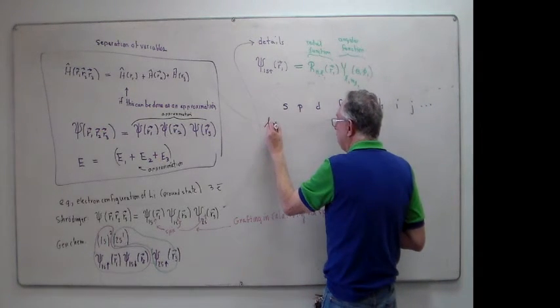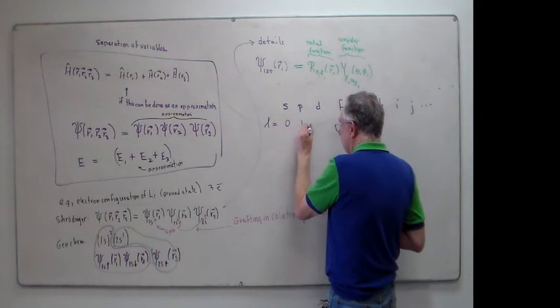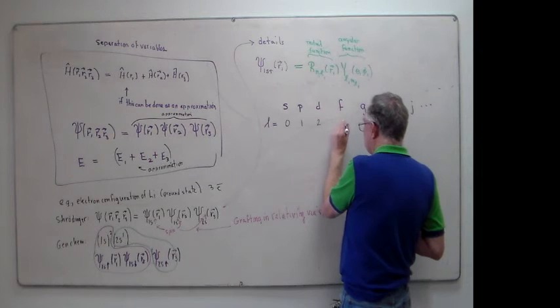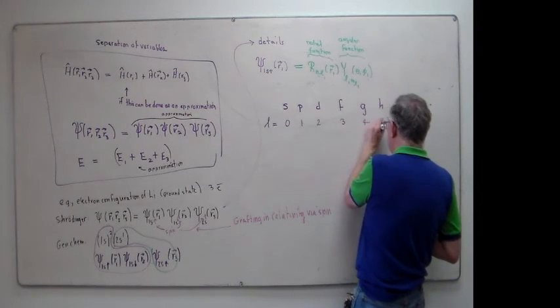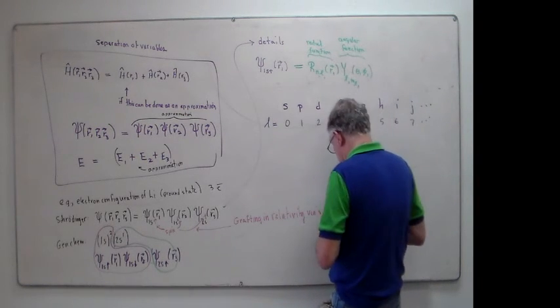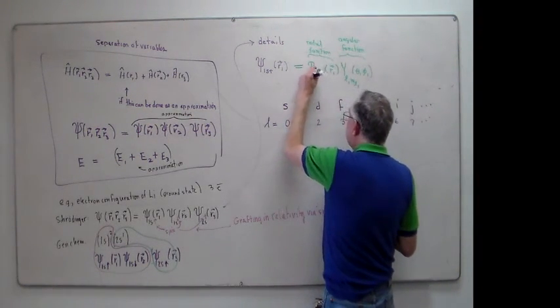It turns out that the L quantum number goes like this. So this is the principal quantum number.